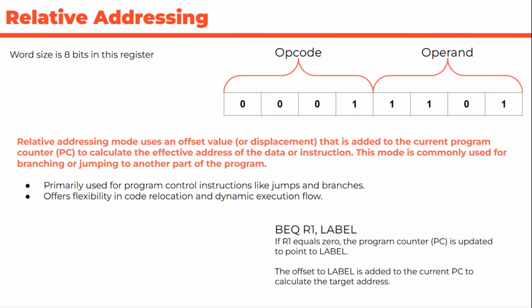So if R1, the register 1, equals 0, the program counter is updated to point to label. Label's obviously a label in my assembly language set of instructions. The offset to label is added to the current program counter to calculate the target address.